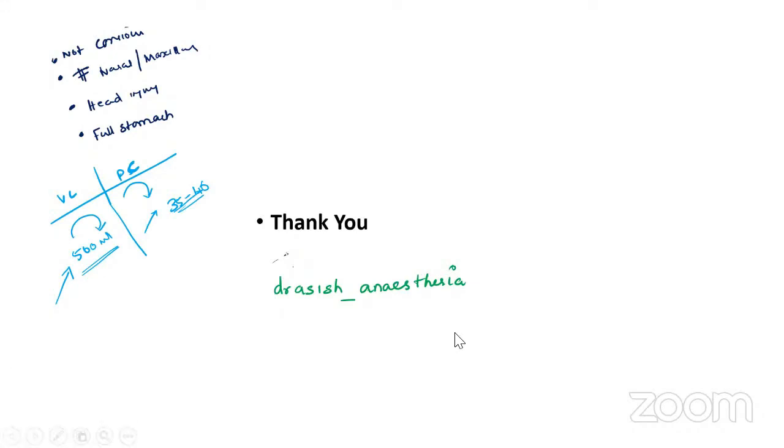Is a Ryle's tube a must in NIV? Yeah, that's a good question. Theoretically, in NIV we should keep a Ryle's tube. Why? Because in NIV we are actually flowing air at a very high pressure into the nasal as well as oral cavity. So there is a good chance that the patient will open the mouth and engulf some amount of air also.